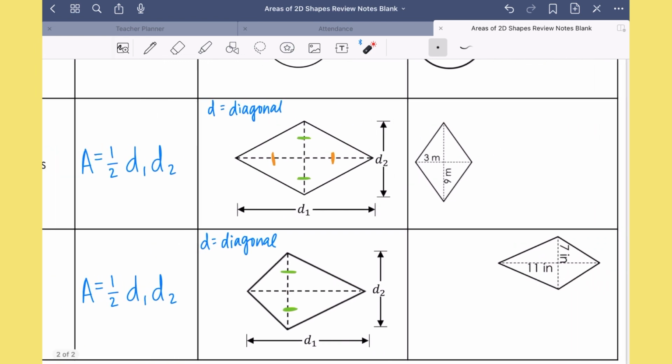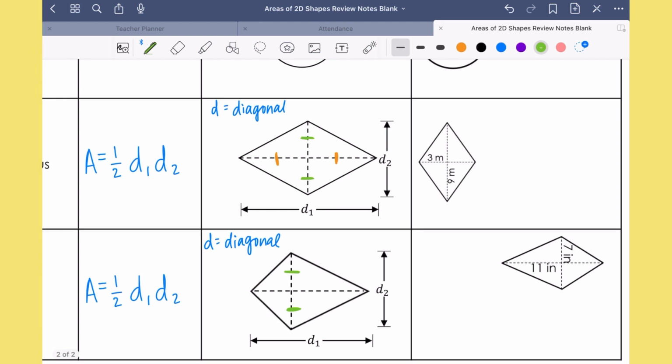So let's look at our picture and let's label it. So for a rhombus, both of them are the same. So this is the same as this, and this length is the same as this length. So knowing that, what can I say about my diagonal 1? What is the length that goes this way? If this is 3 and this is 3, what is that length? 3 plus 3? 6.